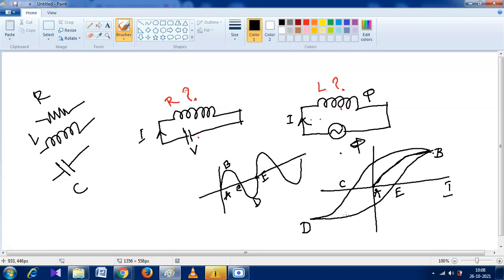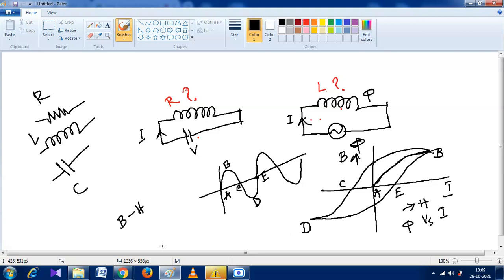So a curve will be generated of phi versus the current which you have applied. This curve is actually called hysteresis loss. In the case of hysteresis loss, we plot between B and H. If we plot B on the y-axis and H on the x-axis, this curve is called the hysteresis curve.